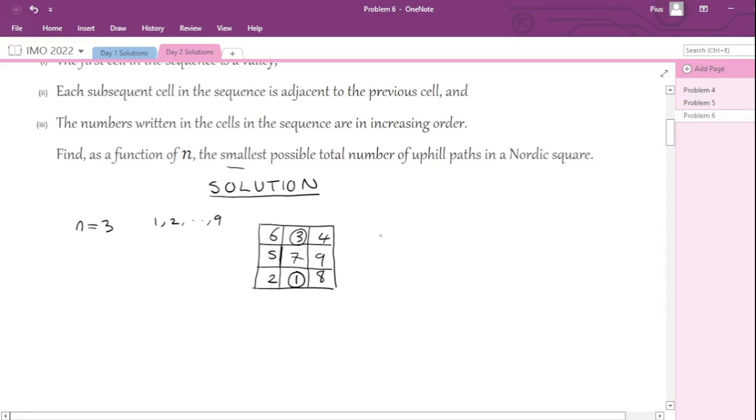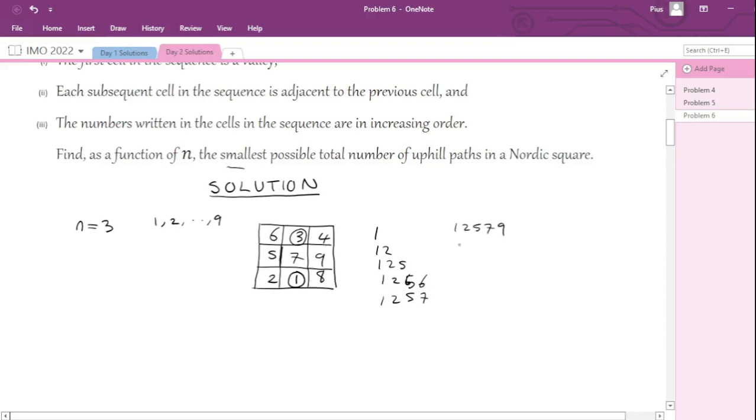We'll just list these out quickly, taking them in numeric order. So we could have 1, 2, 5, 6, or 1, 2, 5, 7, or 1, 2, 5, 7, 9.